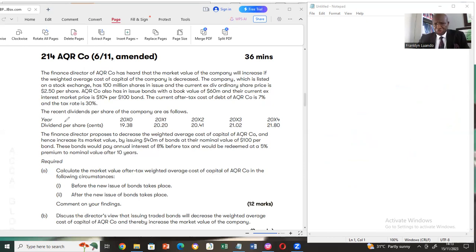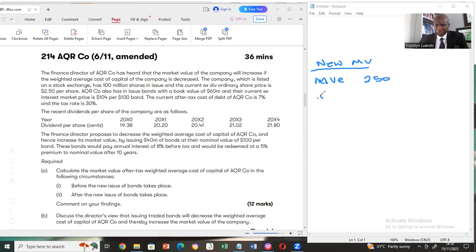The market value of equity will remain the same. It will be 250.